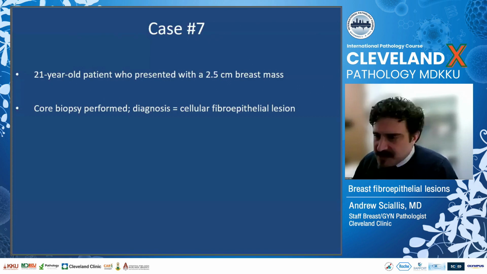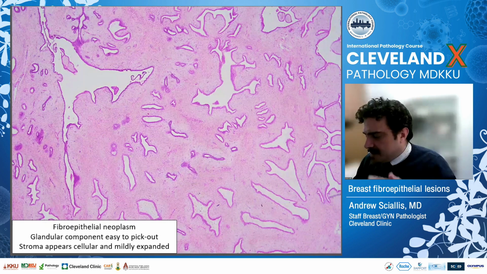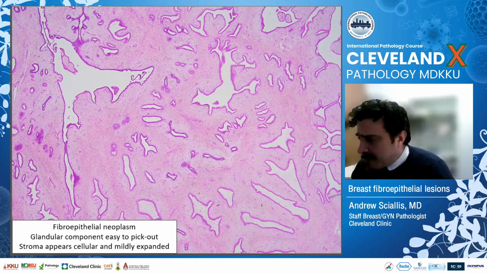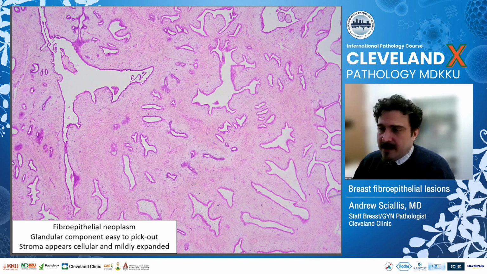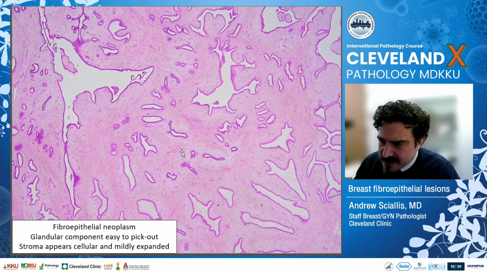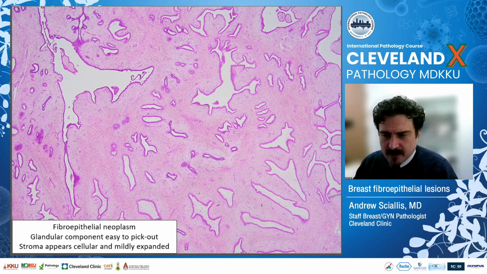So what do we do? And this is something that is almost ubiquitous in signing out of breast lesions, a fibroepithelial neoplasm that's almost a perfect hybrid between a fibroadenoma and a benign phylloides tumor. So just to review, the glandular component is easy to pick out. Stroma appears cellular, mildly expanded in some areas, but not to the point of anything that looks like a big leaf-like growth.